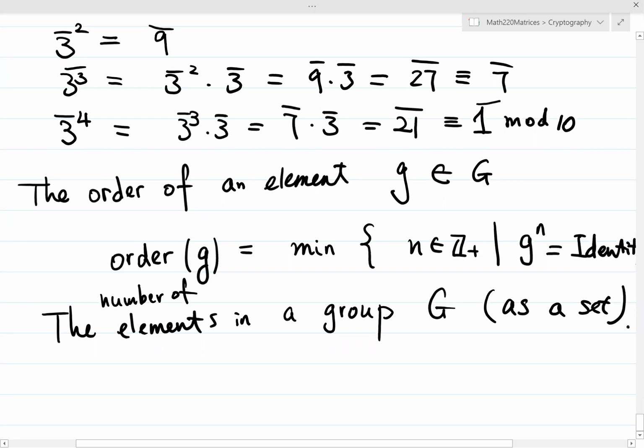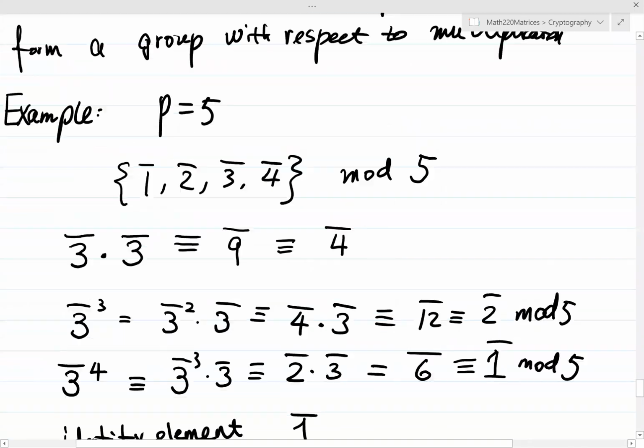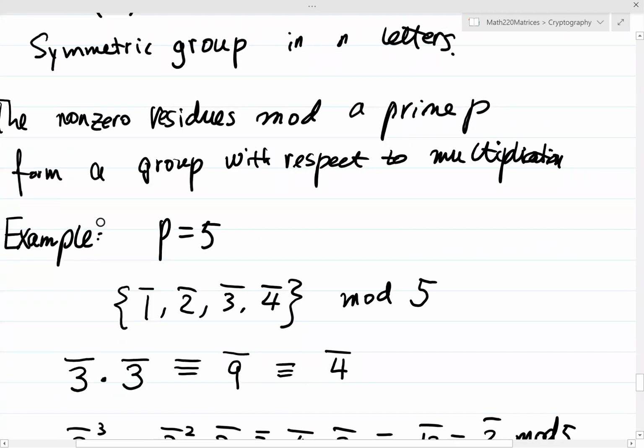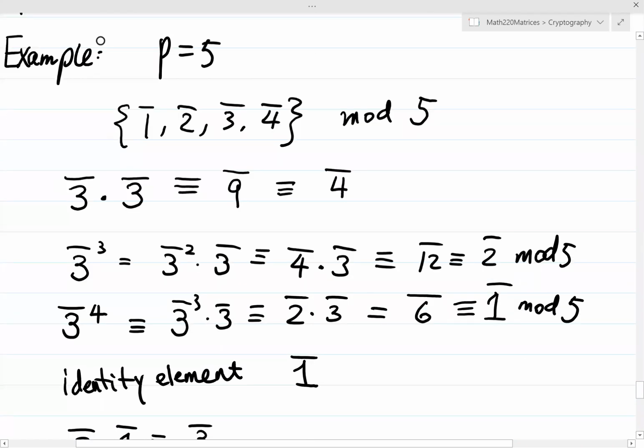So in the example, the group of residue classes modulo 5 has 4 elements: 1, 2, 3, 4, without the 0 residue. So the set has 4 elements, so the group order is 4.